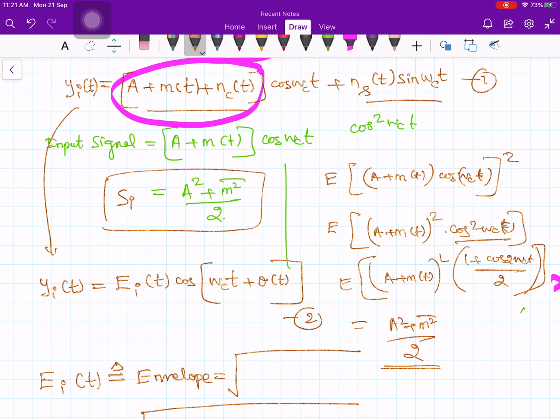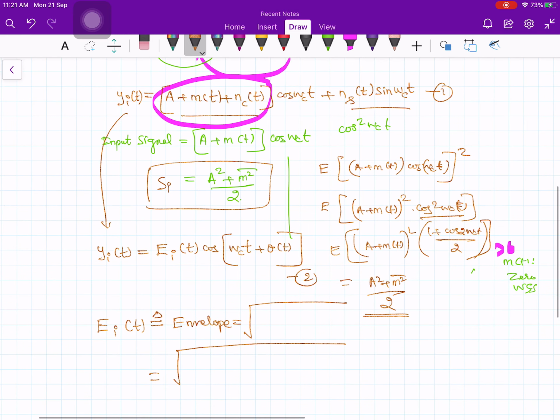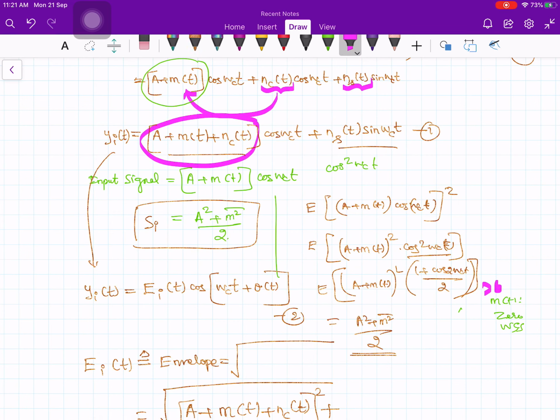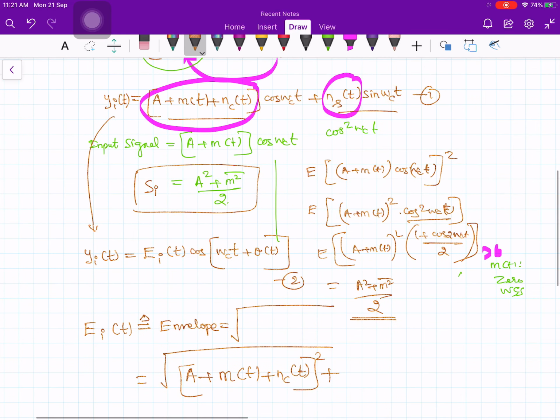So a plus m of t plus nc of t, the whole squared, plus the quadrature component. What is the quadrature component? The quadrature component is ns of t, ns squared of t. That's it.